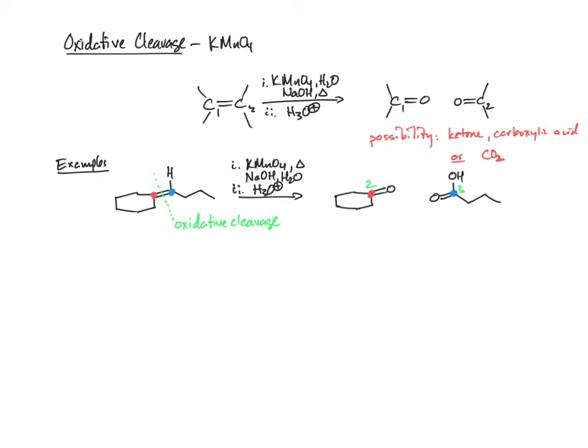So now let's consider another example, just so we're all following. I'm going to write ditto marks. That means the same conditions as above. And so now what I want you to consider in this molecule, the overall question is, how many products are formed?